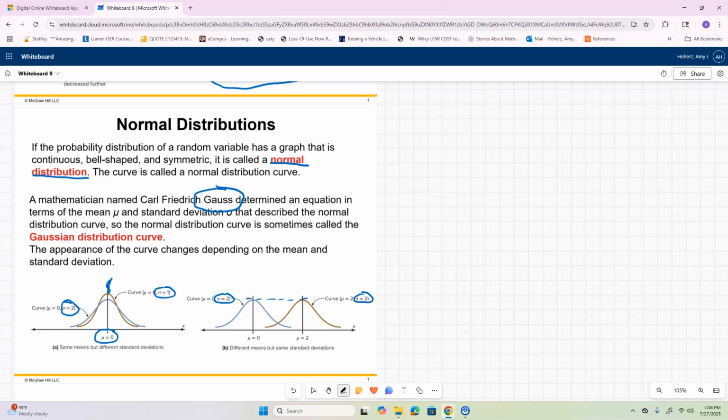And so even though they look like if you could slide them together, they'd be one right on top of each other, they're not located in the same place on the x-axis because the mean of the blue one is 0 and the mean of the brownish one is 2. And so the blue one is shifted left 2 from where the brown one is, or the brown one's shifted right 2 from where the blue one is. So they don't have their centers at the same place, even though their shapes, because their standard deviations are the same, are the same.